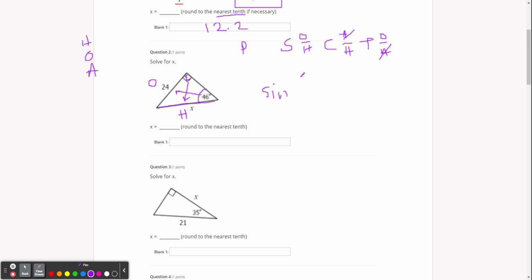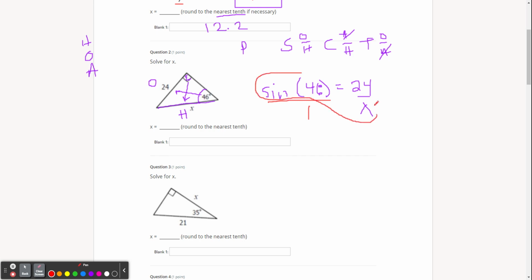What goes in the parentheses next to the sine? The angle. Always the angle, right? And then what goes on the top and what goes on the bottom? O over H, so 24 over X, right? We're going to make that into a proportion so we can cross multiply because it's easy to make two fractions equal.